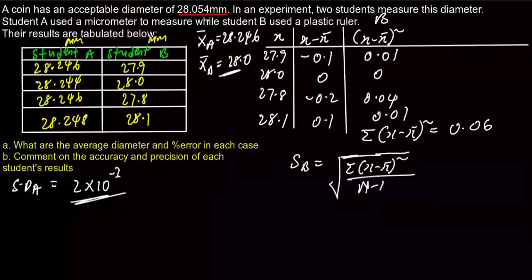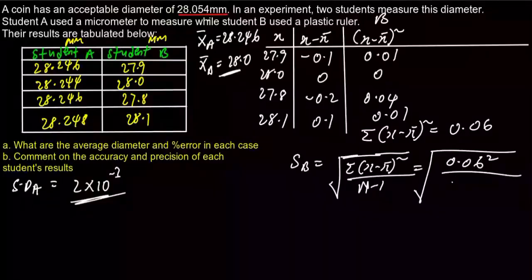It is n minus 1 because the values are less than 30. So I have the square root of 0.06 all over n minus 1, and that's 4 minus 1.